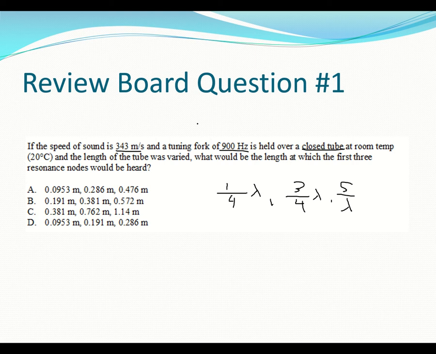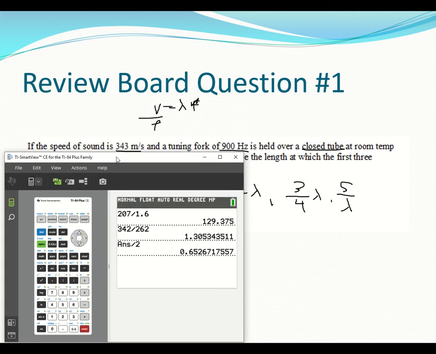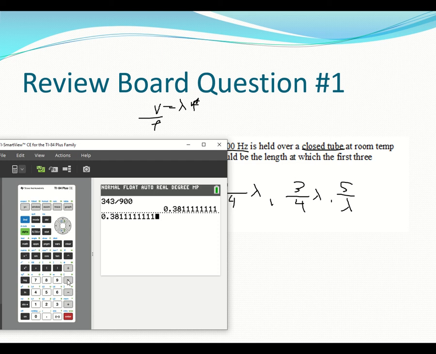So first thing we need to do is find our wavelength. We're going to do V divided by F. So we get 343 divided by 900, and that's going to be our wavelength. Then I just take that value and multiply it by a quarter.